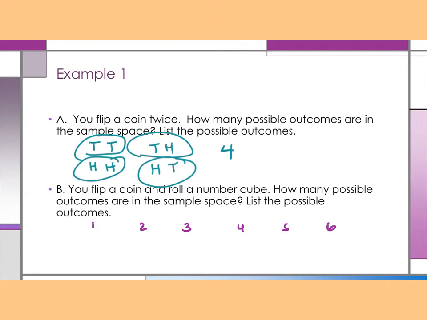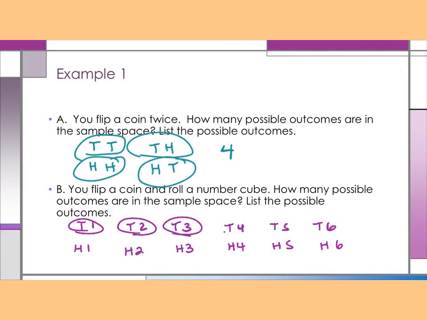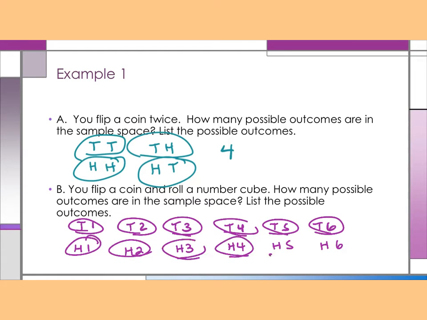So you can get a tails each time: a tails and a 1, a tails and a 2, a tails and a 3, a tails and a 4, a tails and a 5, and a tails and a 6. Or you can flip a heads. So these are all the different possibilities in the sample space, and it says how many are there? 1, 2, 3, 4, 5, 6, 7, 8, 9, 10, 11, 12.